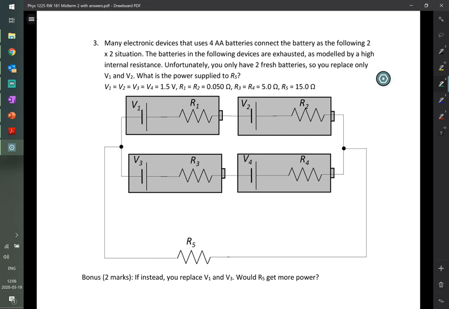We're given all the resistances, we're given all the voltages, so then it's just a matter of doing your loop rule, your junction rules, and then solving. Was there anything specific you wanted to ask about that, and what makes that more difficult than otherwise?